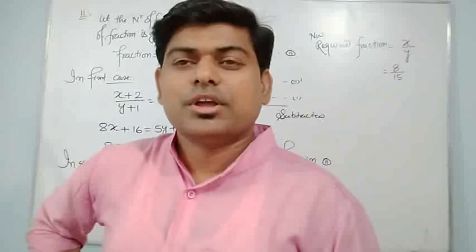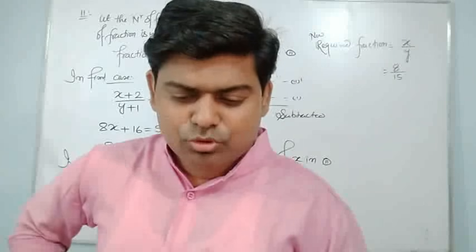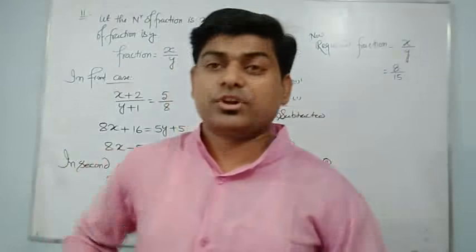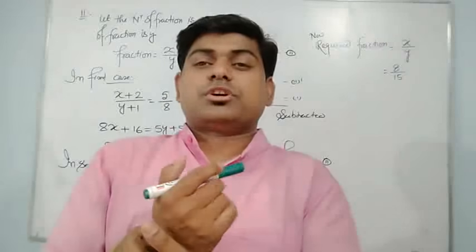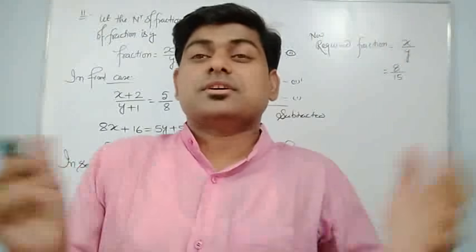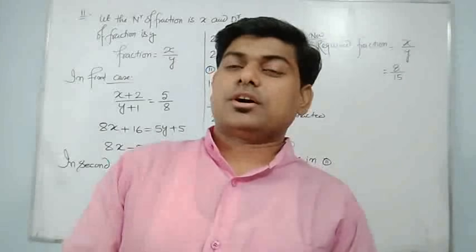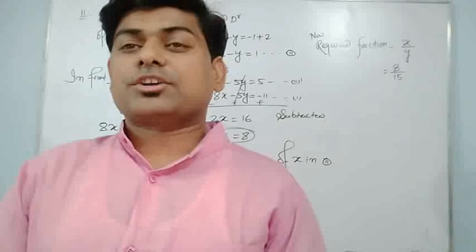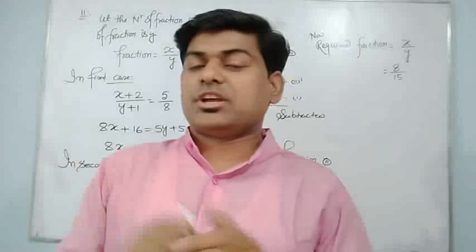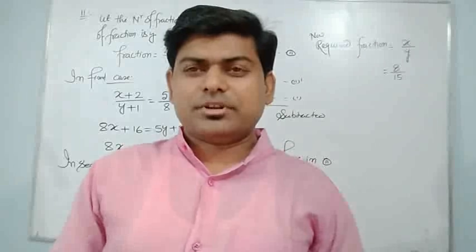And I will give you some questions related to triangles and quadrilaterals, meaning the relation between their angles. They can give the angles in the form of x and y, and then ask you the measurement of each and every angle of the triangle.